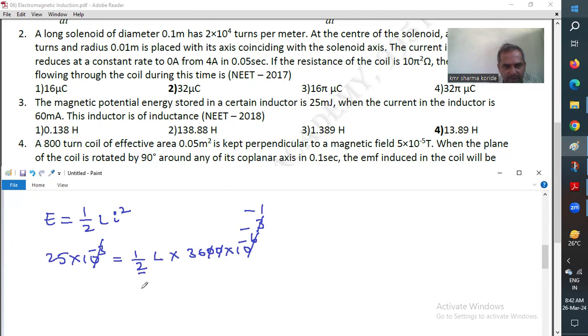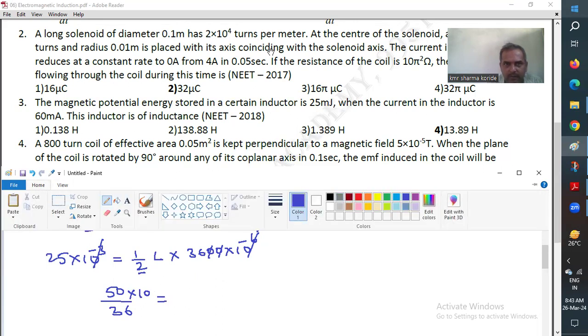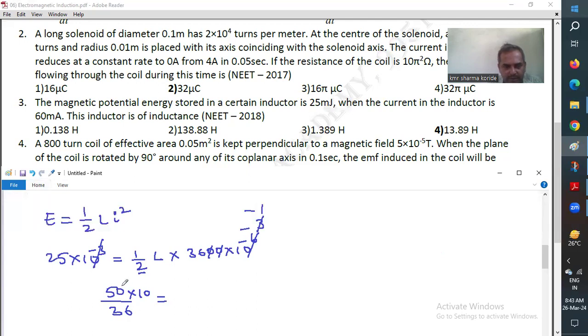This is going to be 50, 2 into 25, 50, divided by 36. And there is minus 1. If you take minus 1 up, it becomes 10 plus. So 50 by 36. Roughly, just start cancelling: 4 into 12.5, this is 4 nines.